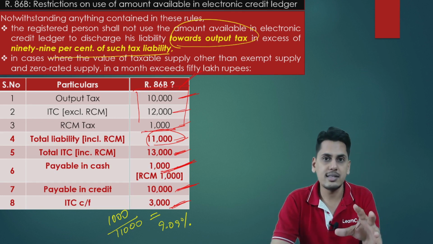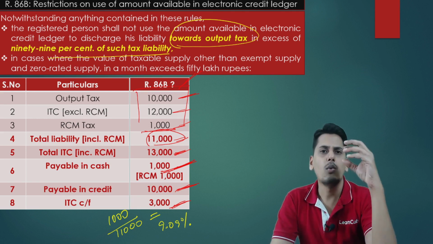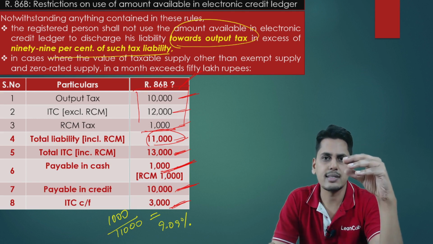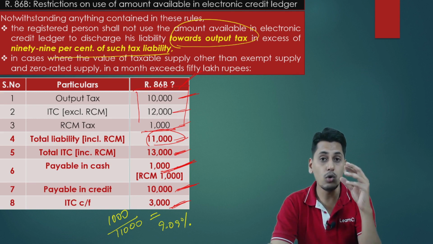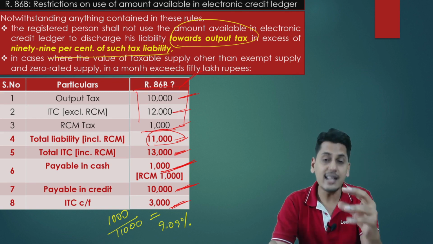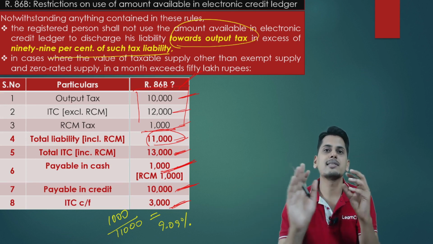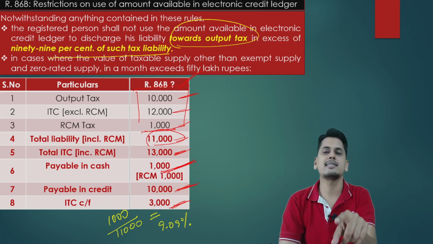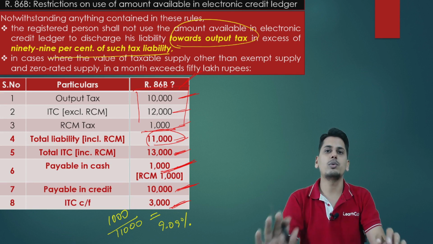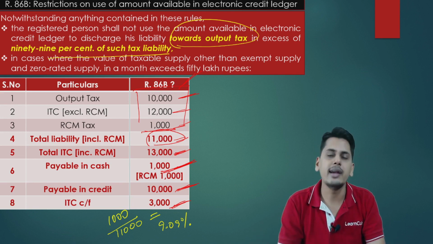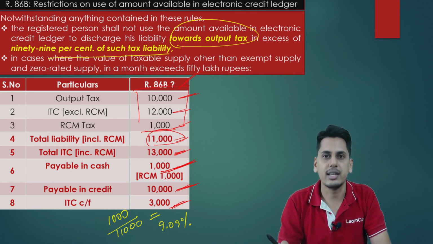Friends, please understand, it tells us that whatever is the total output tax, to discharge it, the maximum credit you can use is 99% of this output tax, which means that 1% of this output tax needs to be paid through electronic cash ledger.